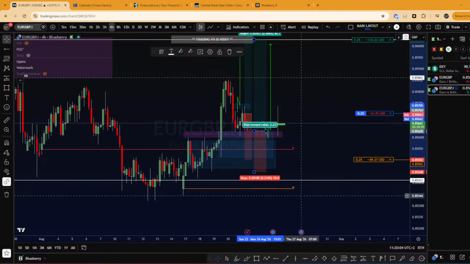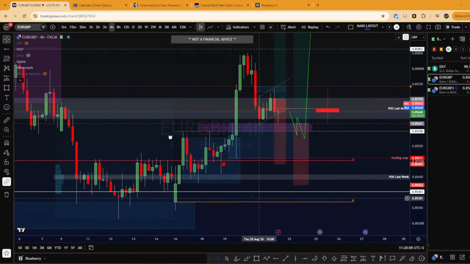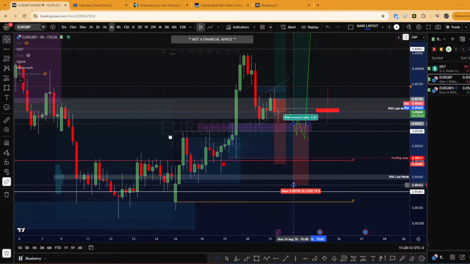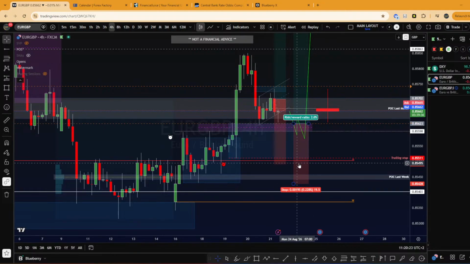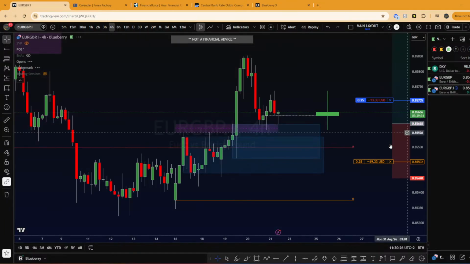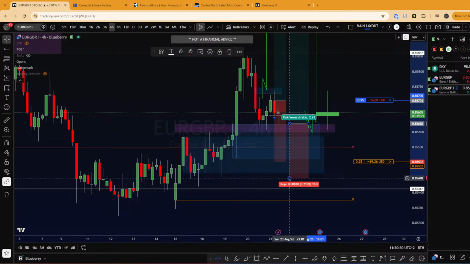Same thing here, I have the order block, just below here. Okay, a risk reward of 2, yeah, that's okay, something like that.